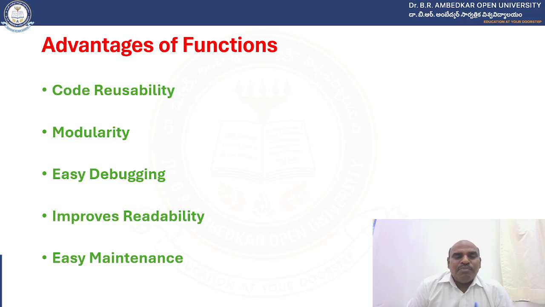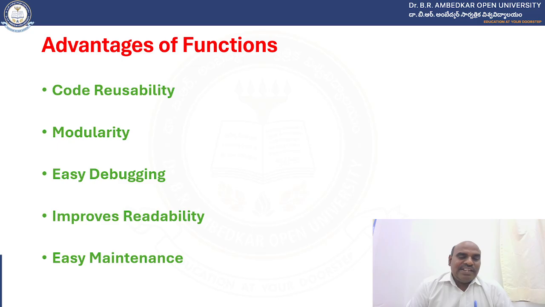And next one is improves readability. We can easily read your functions and understand them very easily. That is called improves readability. And next one is easy maintenance. Here maintenance means any kind of modifications, rewriting, changes, we can do very easily.